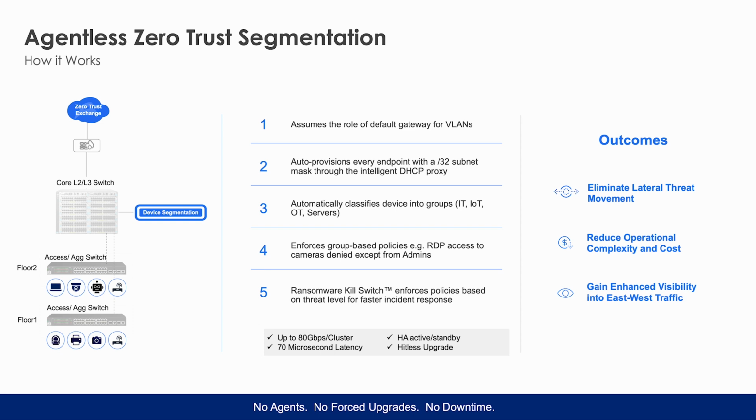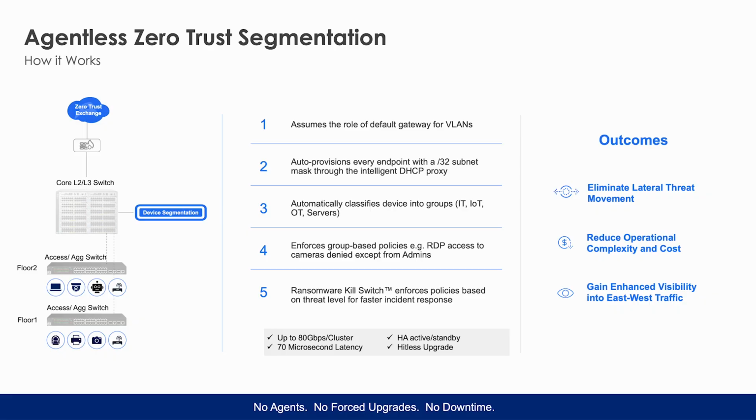When the devices send a DHCP request, either it's a renewal or a new request, since Zscaler is sitting on a trunk port and listening to all the L2 traffic, it would intercept that DHCP request as well, and it would act as a proxy. So the DHCP request is relayed to your DHCP server, and a response is then intercepted again, and we modify the net mask to be all ones.